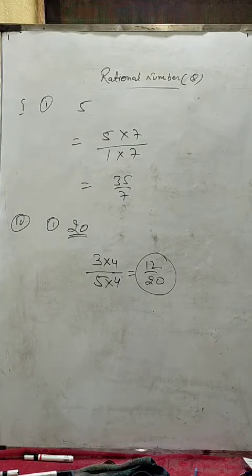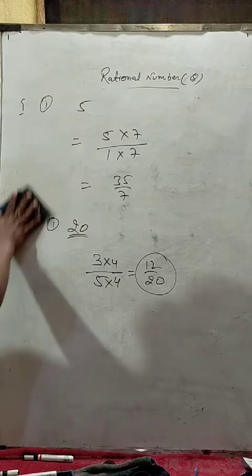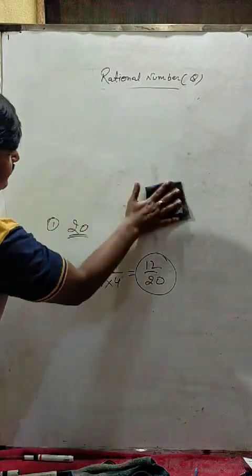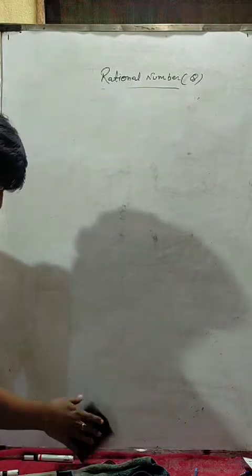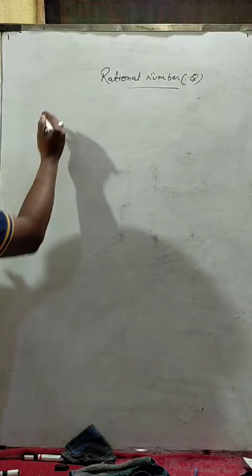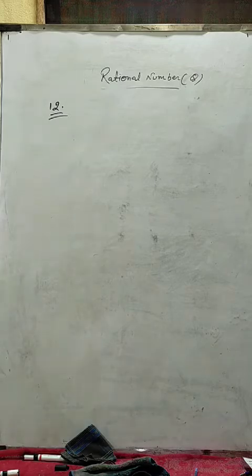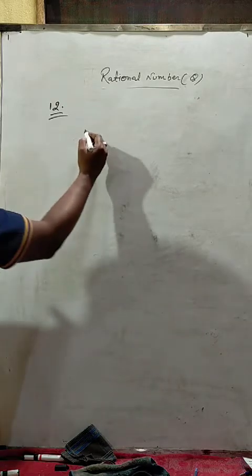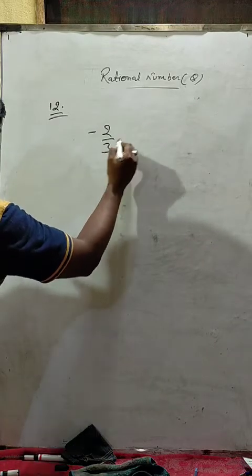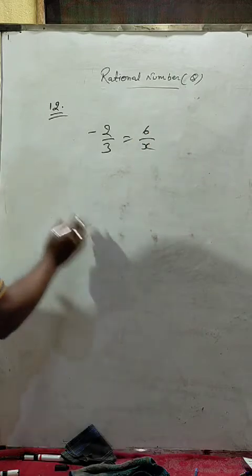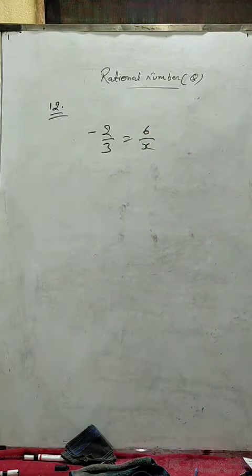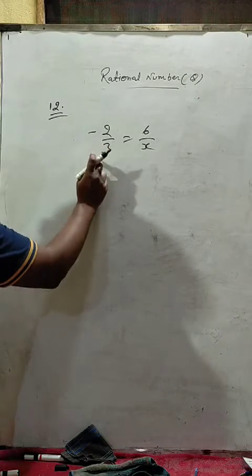And one more question, number 12. See question number 12. Find x such that minus 2 by 3 equal to 6 by x. This is the question. Minus 2 by 3 equal to 6 by x. So we can cross multiply here.